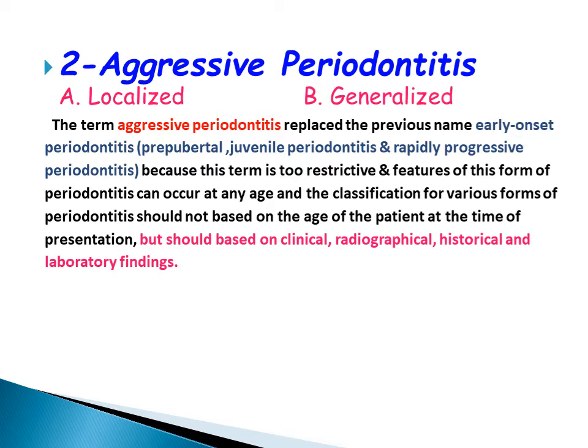The term aggressive periodontitis replaced the previous name found in previous classifications, such as rapidly progressive periodontitis, because this term is too restrictive and features of this form of periodontitis could occur at any age group, and the classification for various forms of periodontitis should not be based on the age of the patient or the rate of progression, but should be based on clinical, radiographical, historical, and laboratory findings.